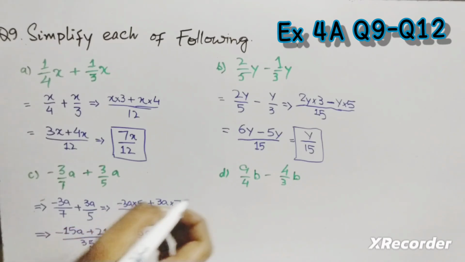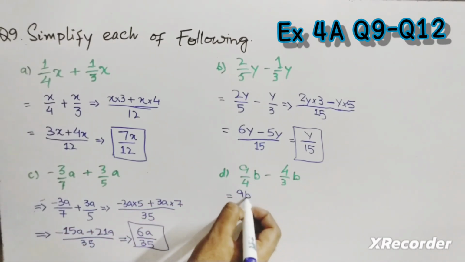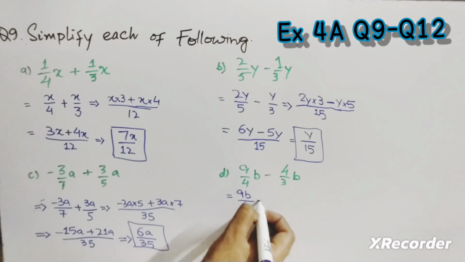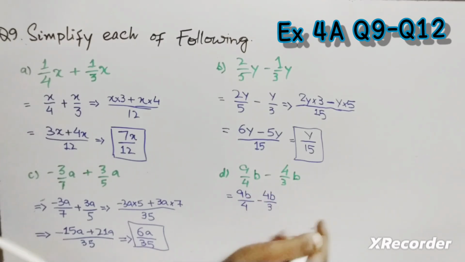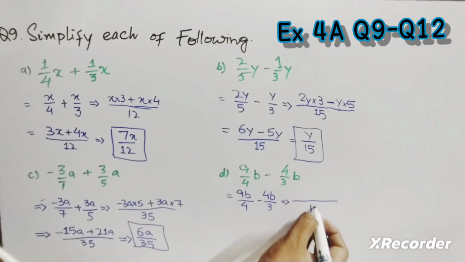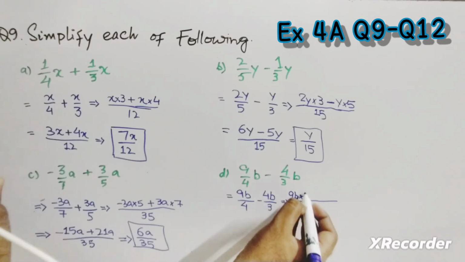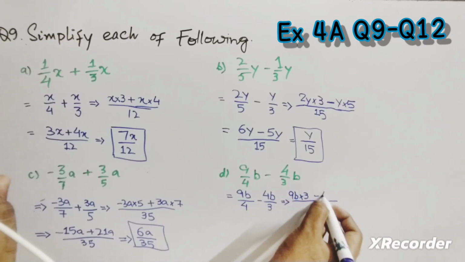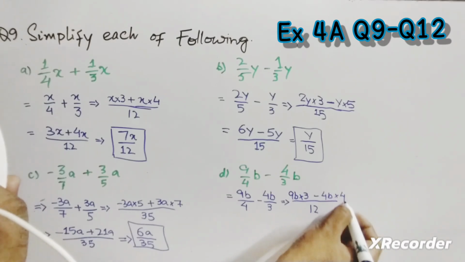Now moving to the last part, 9b we can write as 9b upon 4 less 4b upon 3. By taking the LCM, we get 12. 9b multiply with 3, less 4b multiply with 4.